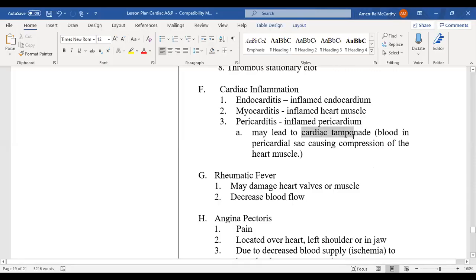Cardiac tamponade. What is tamponade? That is blood that makes it into the pericardial sac, causing compression of the heart. So look at this.